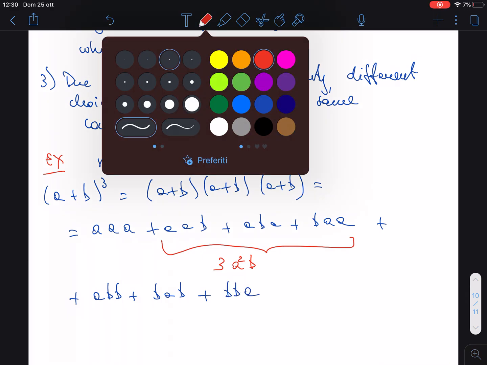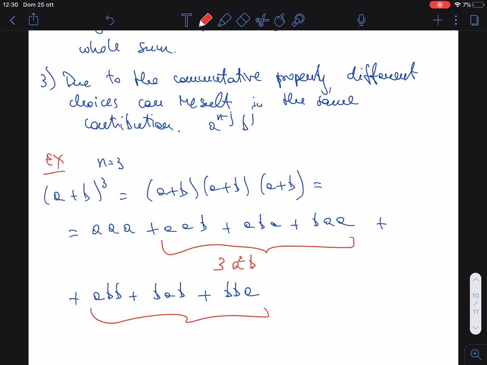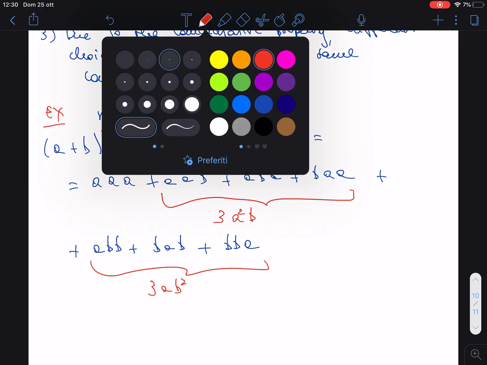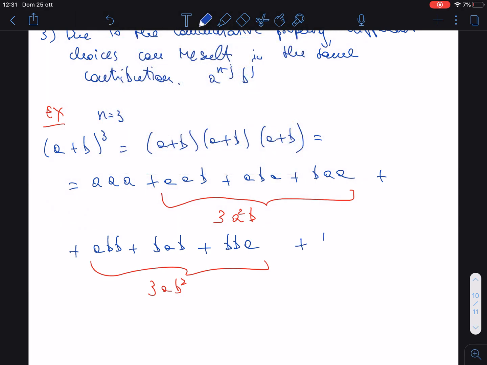And again, this is 3AB squared. And then at the end, plus BBB. So of course, you end up with A cubed plus 3A squared B plus 3AB squared plus B cubed.